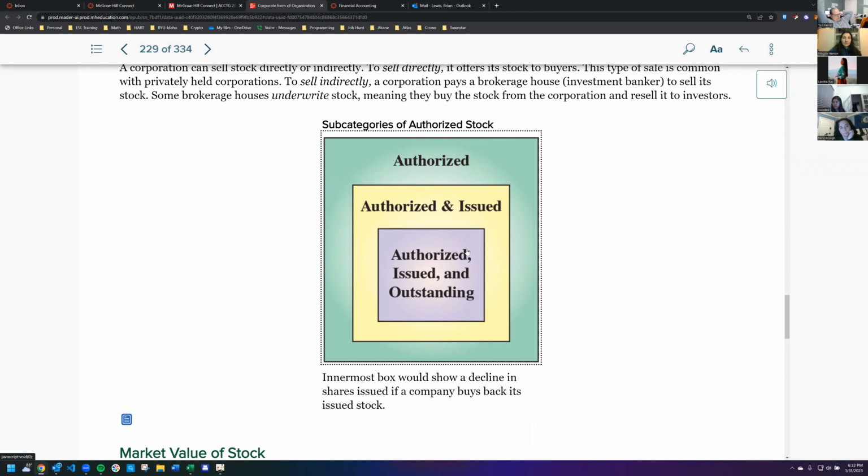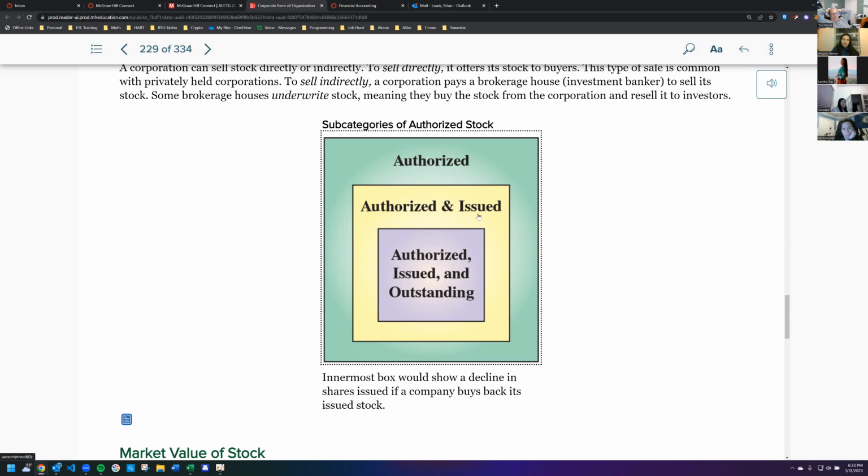That's a little confusing because in the book I read, it said outstanding stock is stock held by stockholders. I thought stockholders were different than the corporation. That's where the issued comes in play.